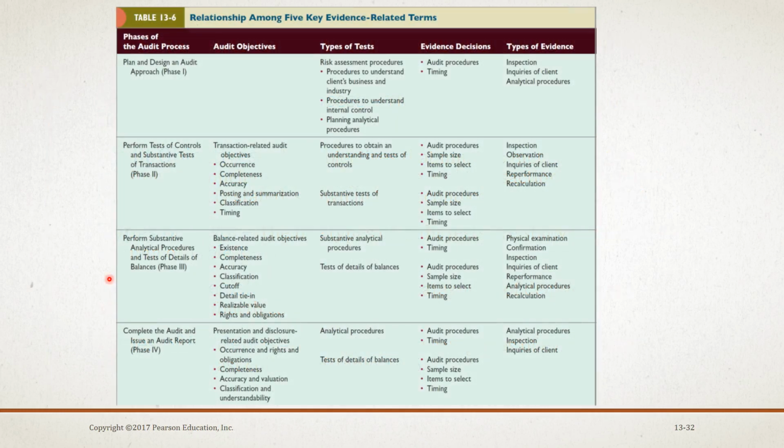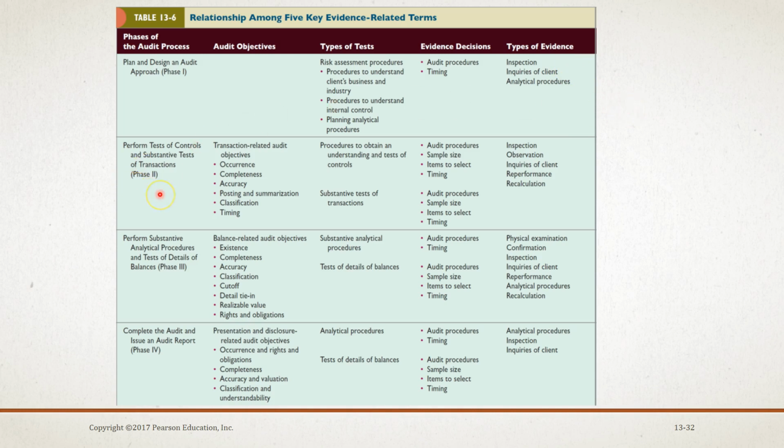Let's take a look at Table 13.6 to show you how this works. We plan and design an audit approach. We then look at the types of tests, so risk assessment procedures. What decisions are we going to be doing? Audit procedures and timing. What types of evidence? Inspection, inquiries, and analytical procedures.